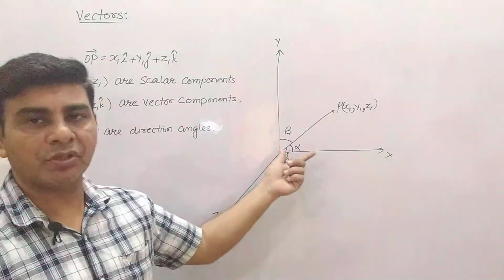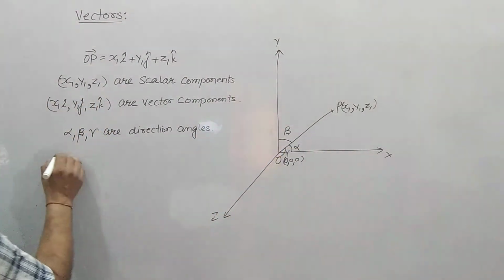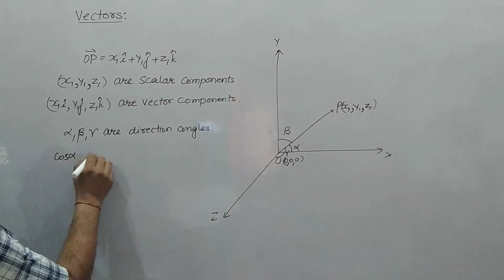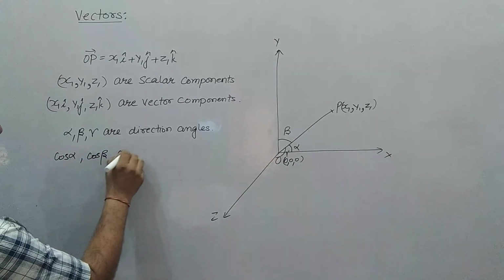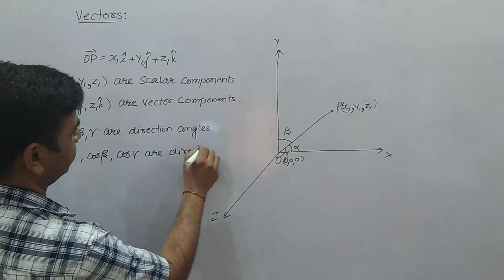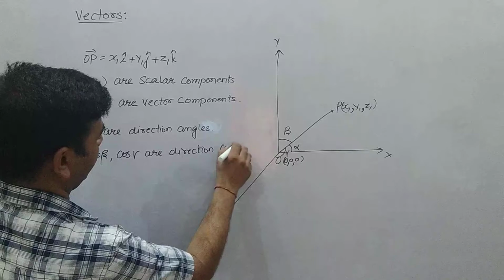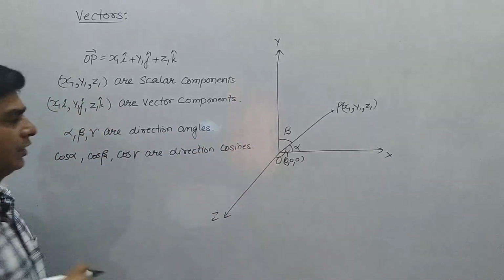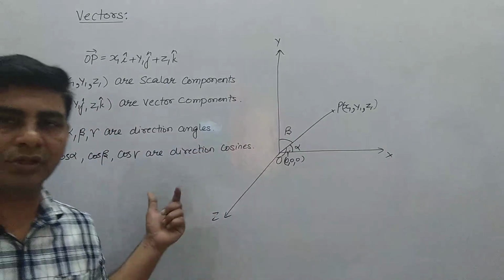But by taking cosine of all these angles, cos alpha, cos beta and cos gamma are known as the direction cosines.